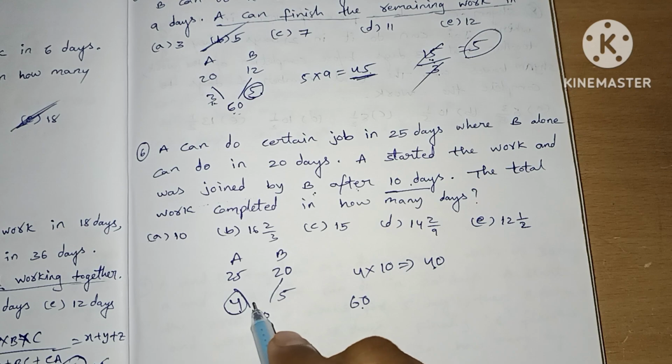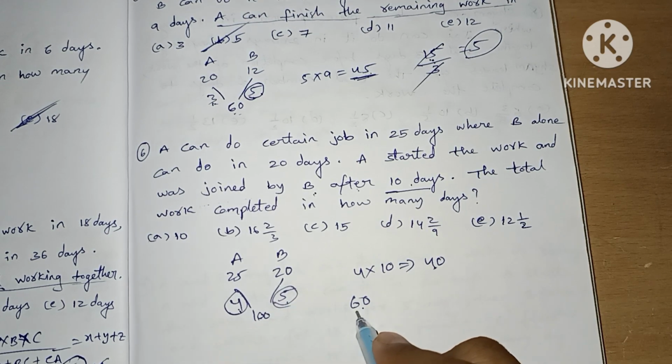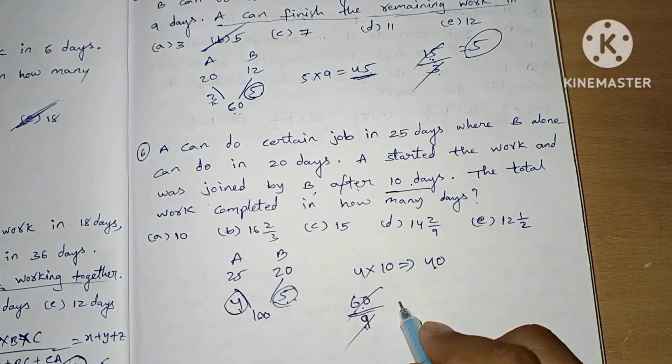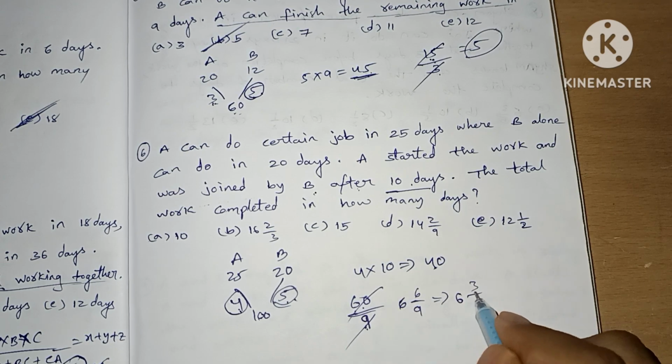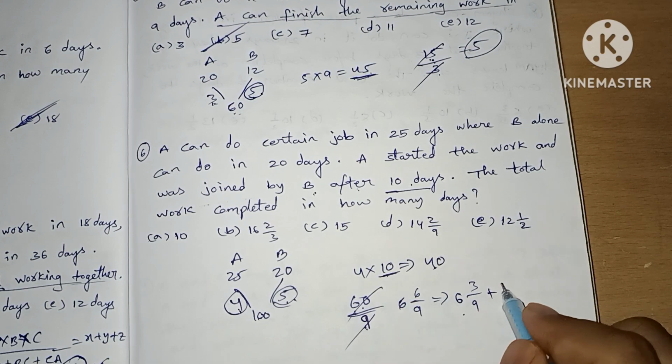Now the total efficiency is 4 plus 5, that is 9 units. The 60 units is completed by both A and B together. 9 × 6 = 54, so 6 and 6 by 9, that is 6 2 by 3 days, plus initially they worked for 10 days.